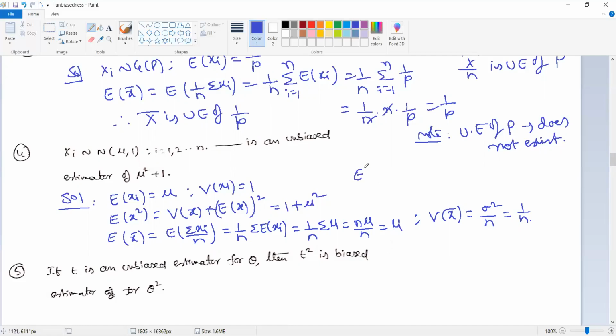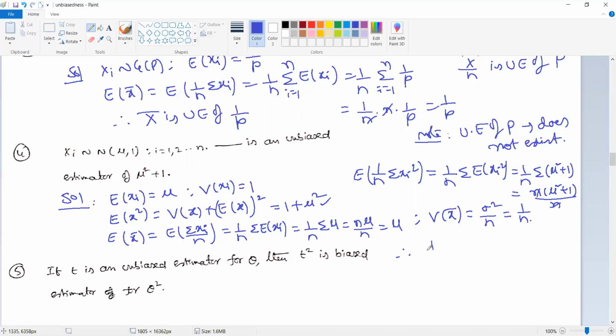Now our requirement is an unbiased estimator of mu square plus 1. We have to identify a function here: 1 by n summation Xi square. That is the suitable function to estimate the population parameter mu square plus 1. So the expectation of 1 by n summation Xi square is 1 by n summation E of Xi square, which is 1 by n summation of mu square plus 1. That equals n into mu square plus 1, divided by n, and the n cancels.